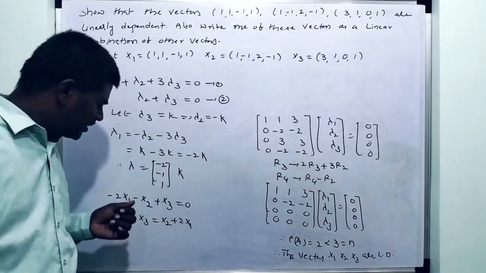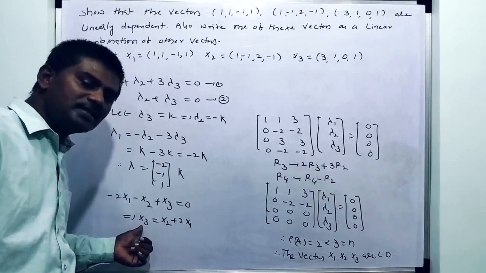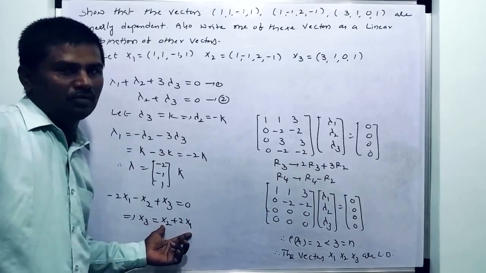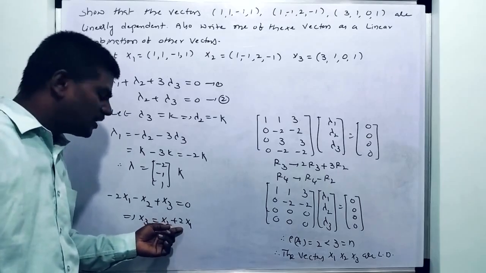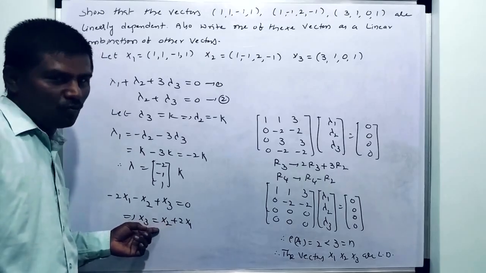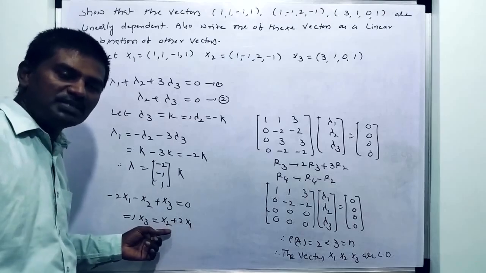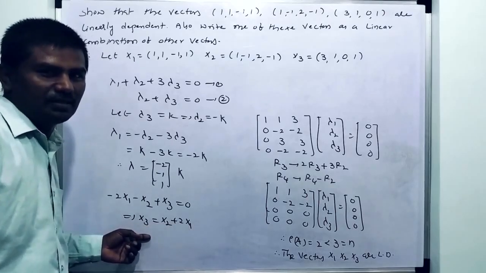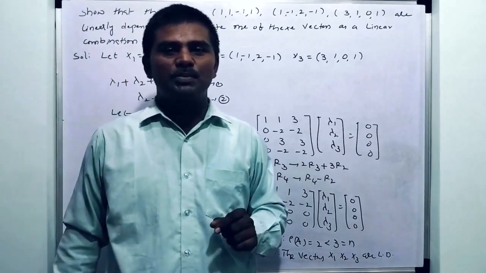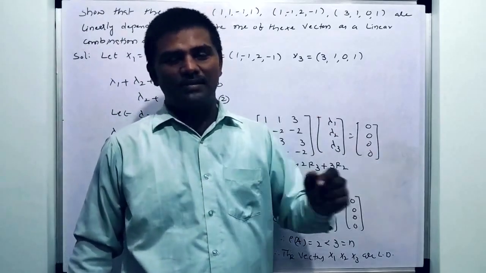Here you can observe that the third vector can be written as a linear combination of the first two vectors x1 and x2, with scalars 2 and 1. That means one vector can be expressed as a linear combination of the other vectors.